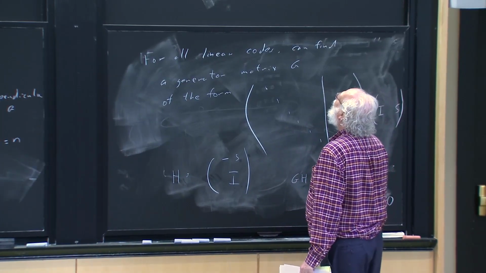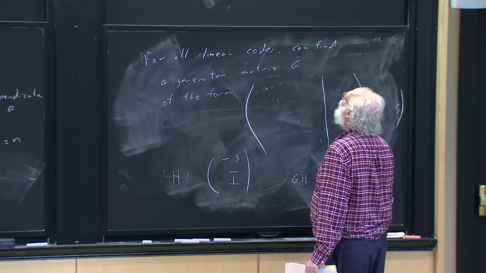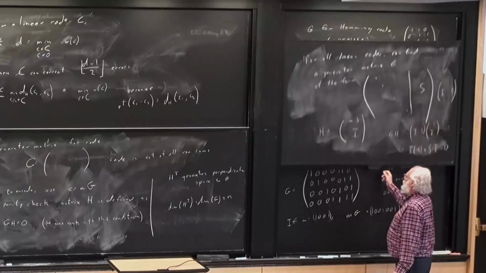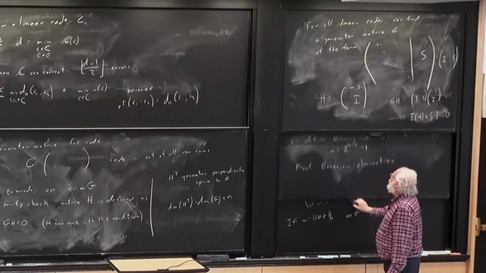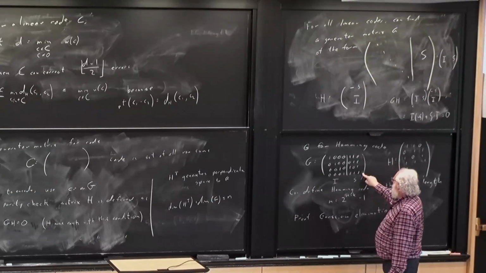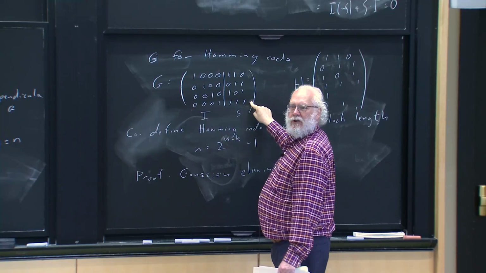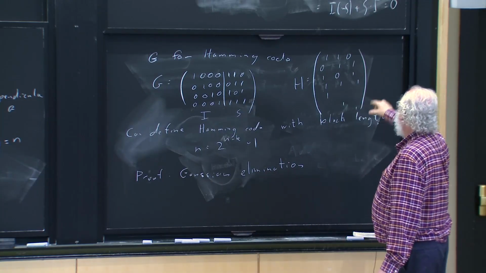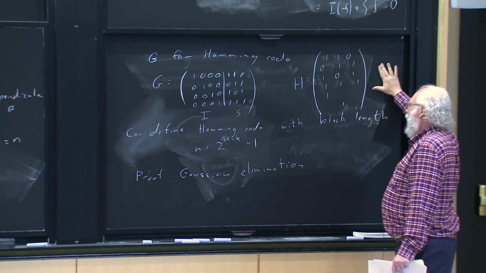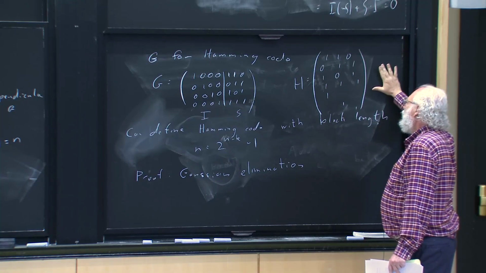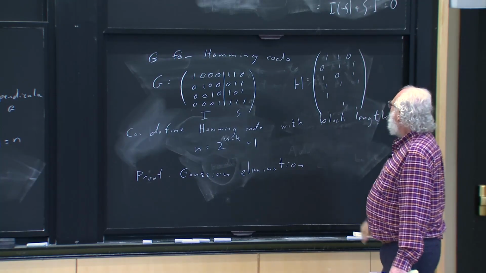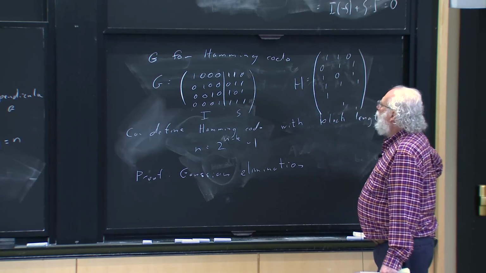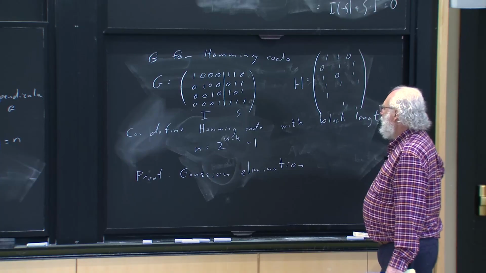Let's see. Look at the last row in G. It's perpendicular to itself. So the last row in G is also in the row space of H transpose, because everything that's perpendicular to all the guys in G is in H transpose.